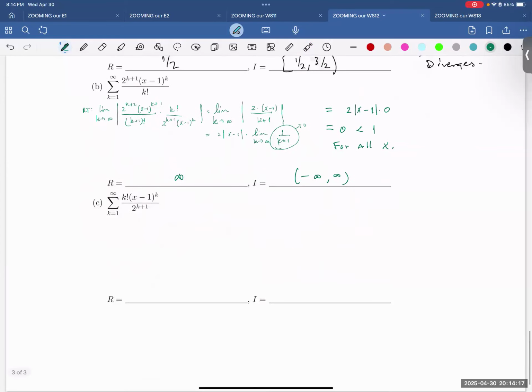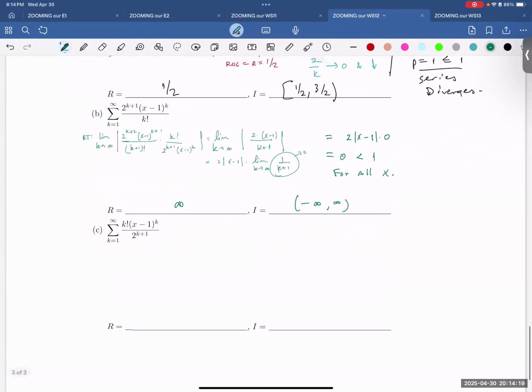This last one is going to give you an example of your third possibility for an interval of convergence. Okay, so ratio test again, limit as k goes to infinity, absolute value, k plus 1 factorial, x minus 1 to the k plus 1 over 2 to the k plus 1 times 2 to the k over k factorial, x minus 1 to the k.